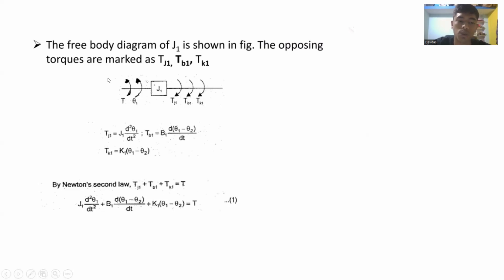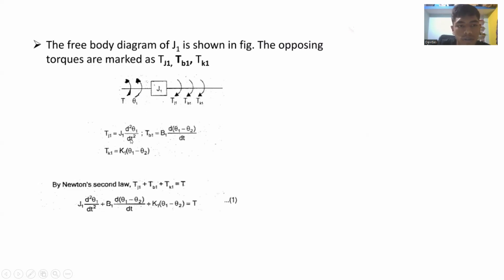We need to remember one more thing: while writing the equation, you need to write an equation with respect to theta1 and an equation with respect to theta2, and the coefficients that come along with J1, B1, and K1.